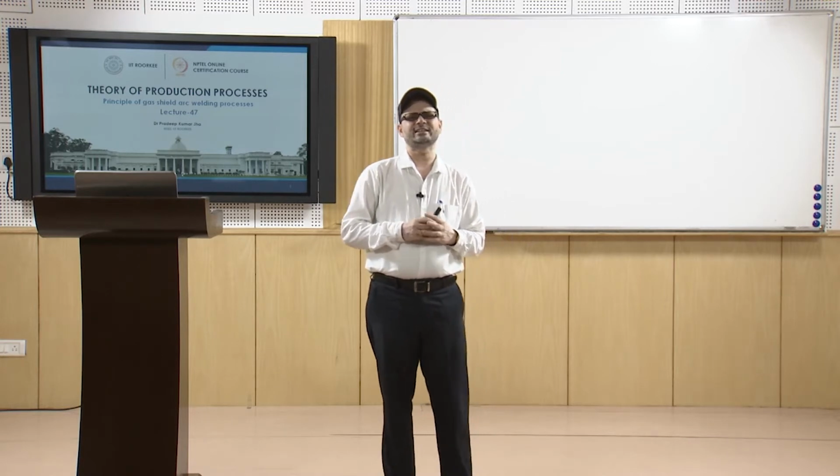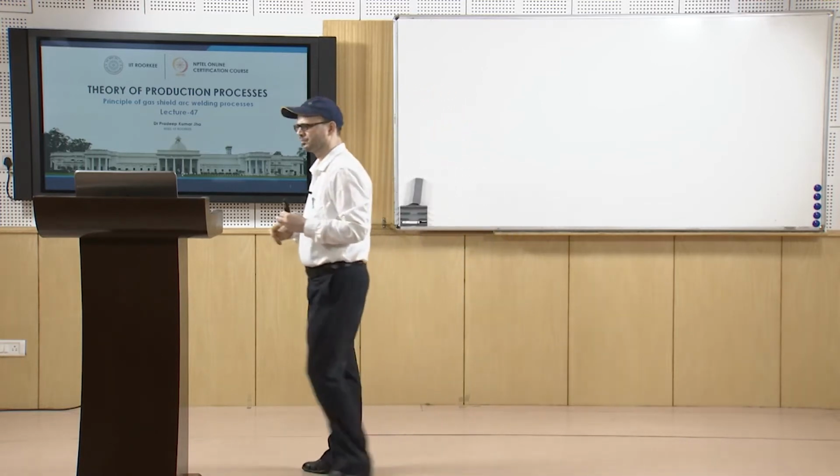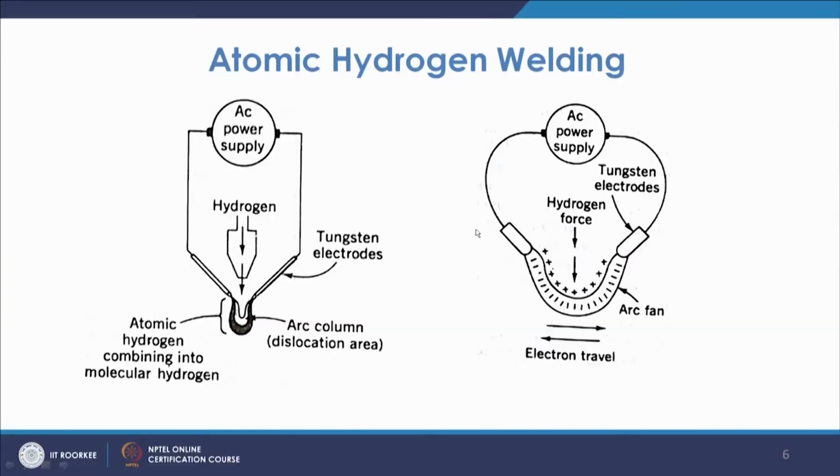As seen from this figure, an arc fan is created as the hydrogen is forced from this side and the arc is created between the two tungsten electrodes.